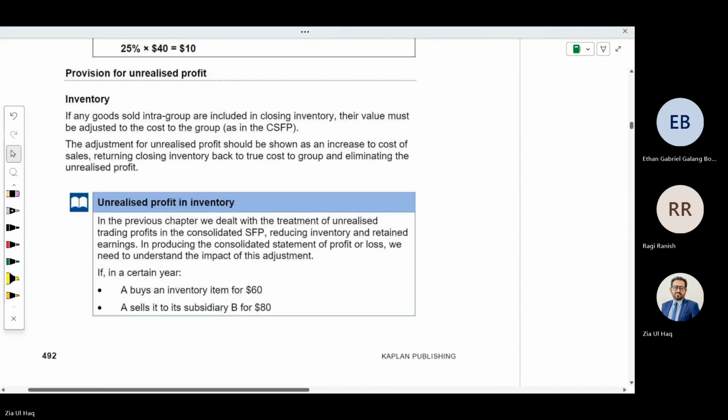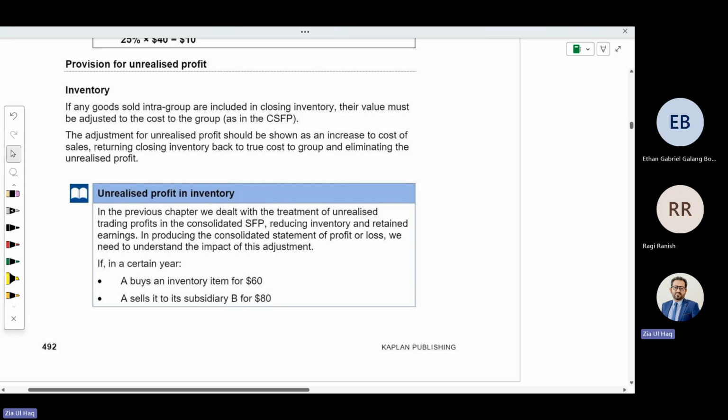If there is any unrealized profit part, in the profit and loss account we need to add it to cost of sale. In the balance sheet, we deduct it from inventory. In the profit and loss account, obviously we need to deduct from closing inventory, but as closing inventory is deducted in the cost of sale calculation, that's why the unrealized profit part we will add to cost of sale.